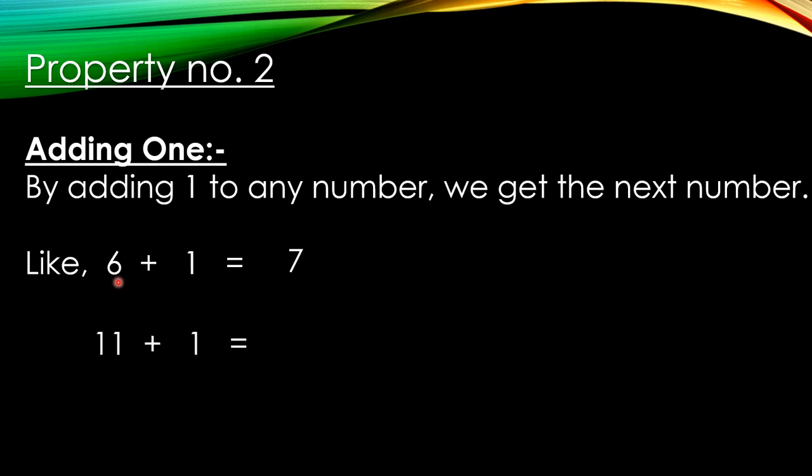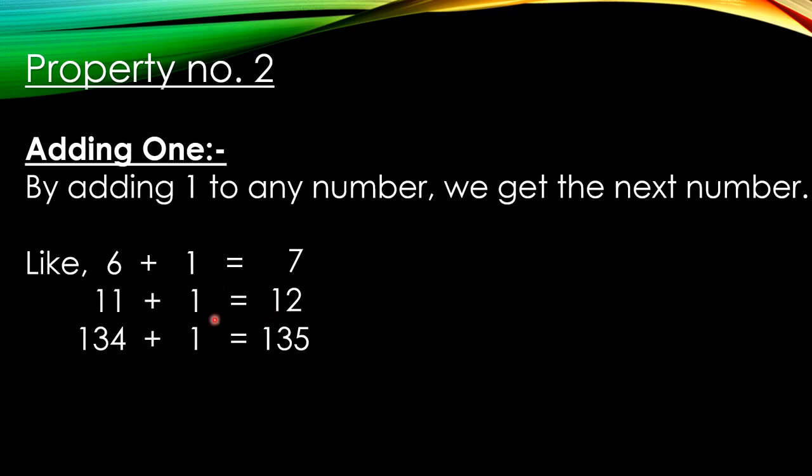Okay. Now if we want to add 1 to 11, 11 का नेक्स्ट नंबर क्या होता है काउंटिंग में, 12. So 12 is our answer. Okay बेटा. 134 में हम 1 ऐड करेंगे तो 134 का नेक्स्ट नंबर क्या होगा, 135.